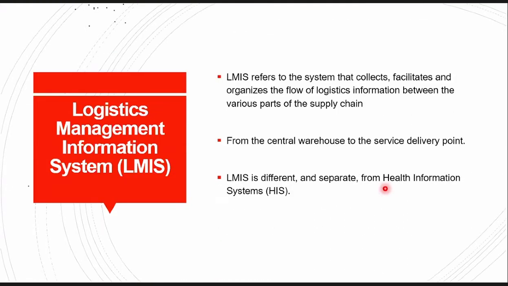The Logistics Management Information System. Now, this is described as a system, but it can be a manual system, it can be an electronic system. For Zambia right now, we use an electronic system called the Electronic Logistics Management Information System.